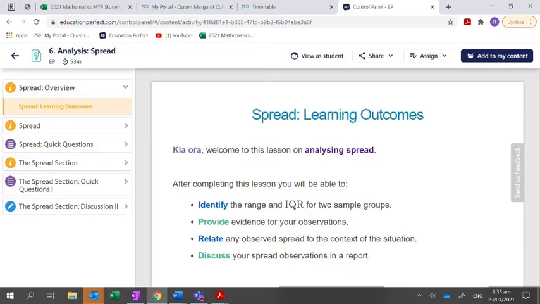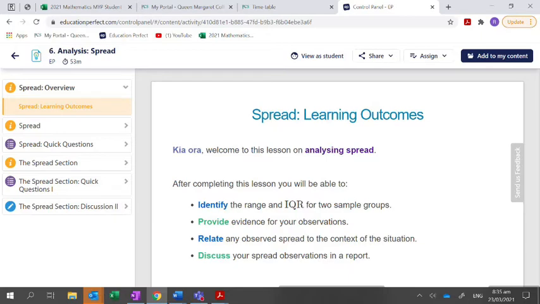Variability just means the difference in the ranges, right? If you have a very, very large range, then the data set is very variable. That means it ranges from small numbers all the way to big numbers. If you have a very small spread or range, then that means there's not much variability.